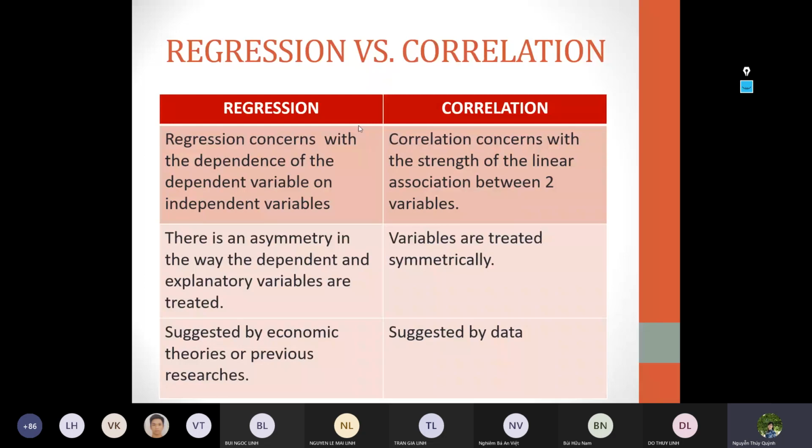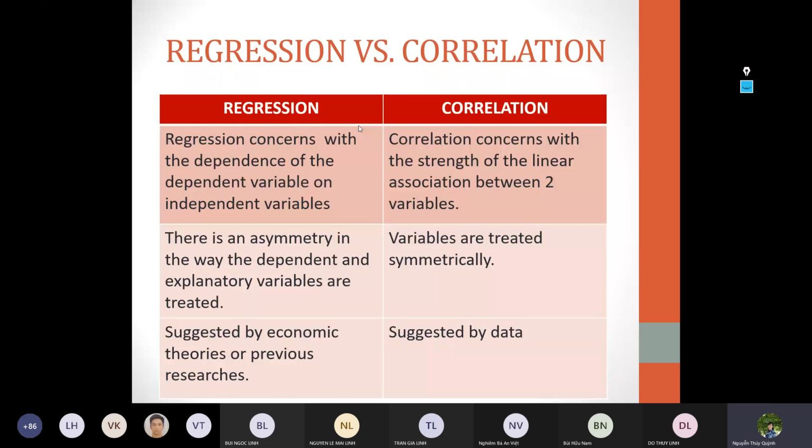We only look at the values of those variables and show the correlation between them. We only base on the statistics to analyze the correlation relationship between them. But regression analysis is different, so let's see the difference between them.